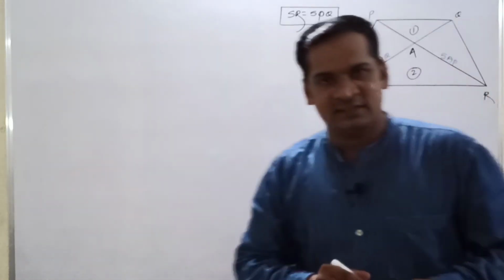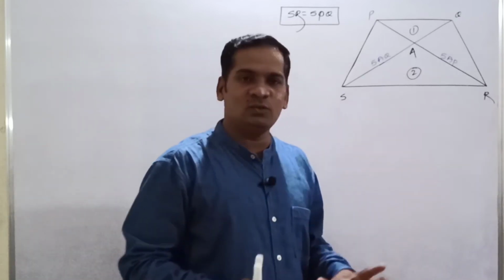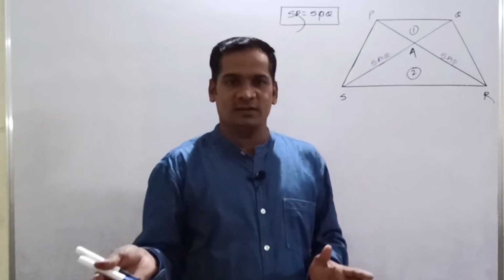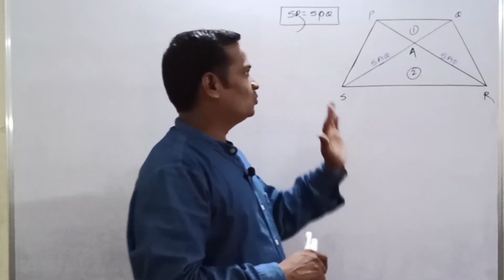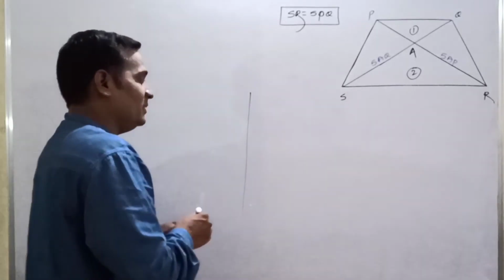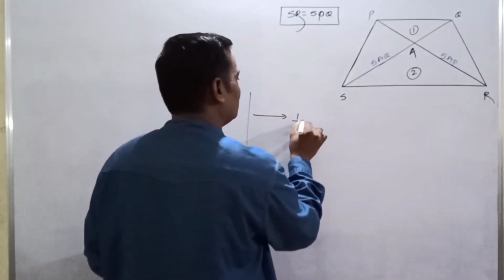Now to prove these two triangles are similar, we want any two angles of the first triangle to be congruent with the corresponding angles of the second triangle. To prove that, as we know that this is a trapezium, that means, look here in the figure.